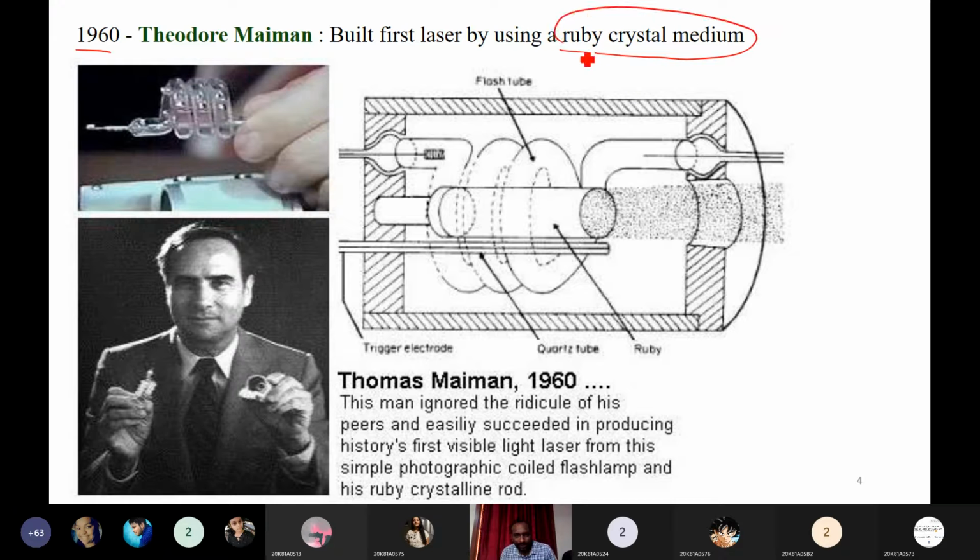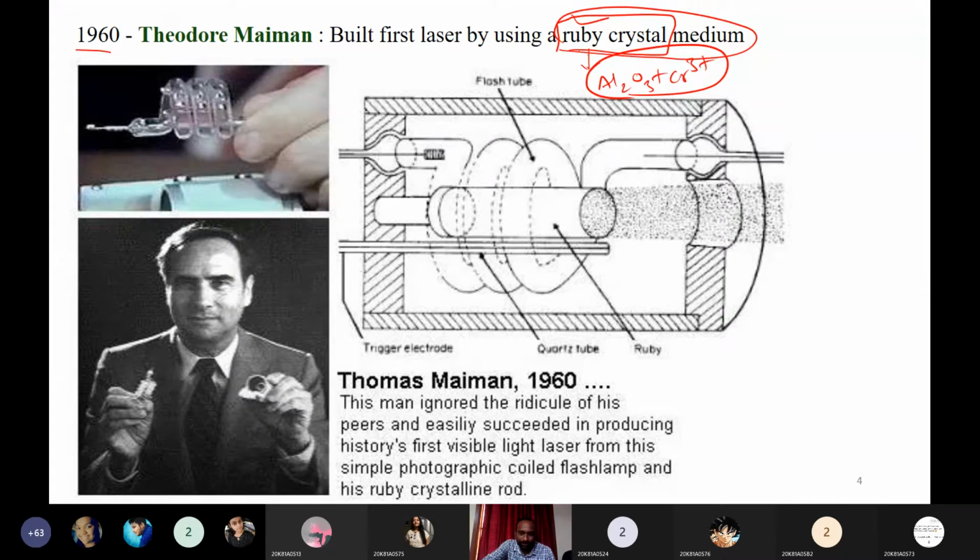In this solid state laser they used the ruby crystal. Ruby is a crystal of aluminum oxide and chromium ions. This combination of the two we call a ruby crystal. Using this ruby crystal they developed a laser and produced a laser beam. That is the first laser, a solid state laser.